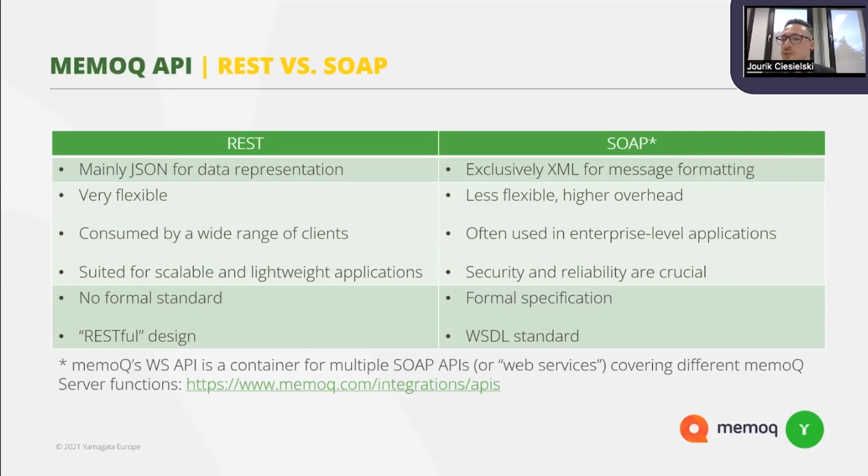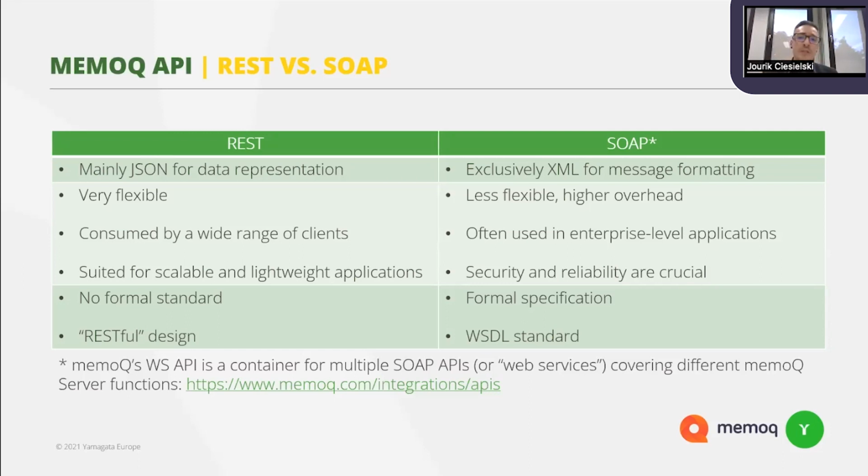And they are very often used in enterprise level applications. I have worked with enterprises who only accept SOAP APIs in their processes, in their technology stack. So security, reliability is crucial in the case of SOAP API. So that is the most important thing to remember here.